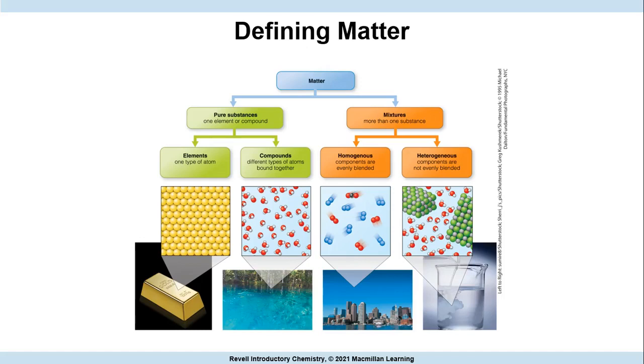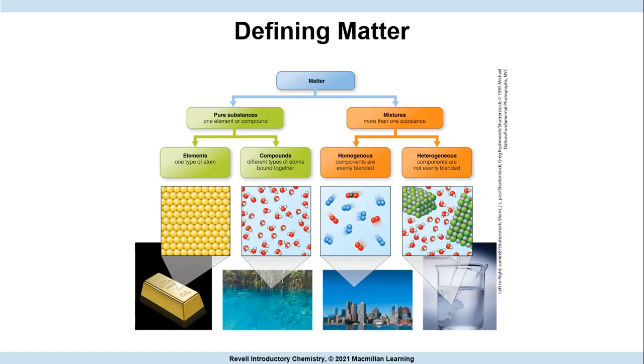Now, we also said the other aspect of classifying matter was as mixtures. Mixtures have more than one substance. Let me just call your attention to this. If we mix two pure substances together, we are going to obtain a mixture.